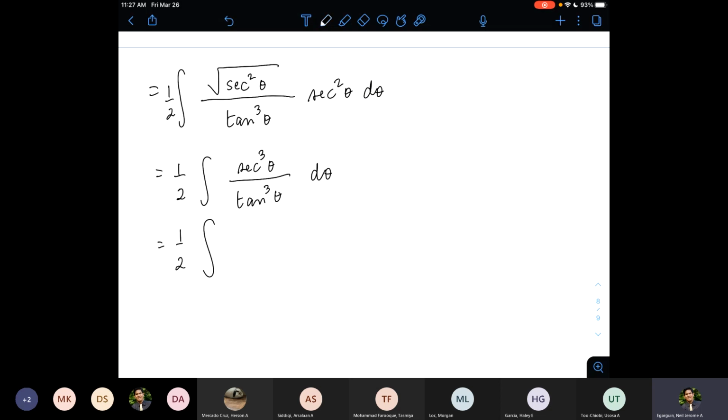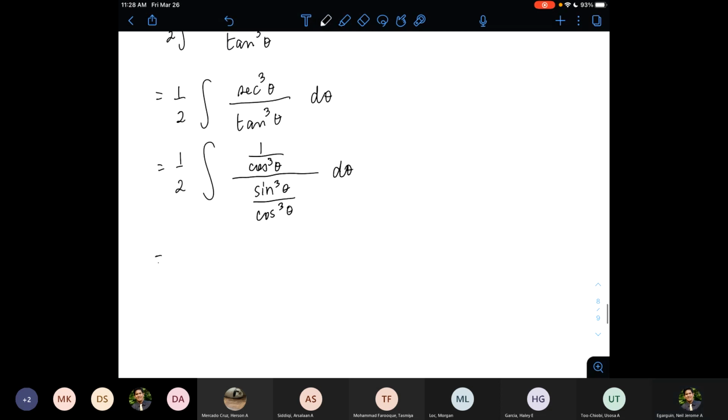Okay, so what we'll do is apply trigonometric identities. So secant cubed is 1 over cosine cubed theta, all over this is sine cubed theta over cosine cubed theta d theta. And then, okay, great, Michael, you reach this point.